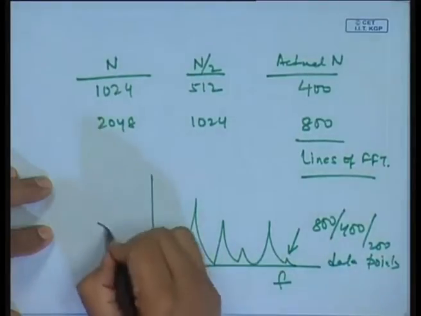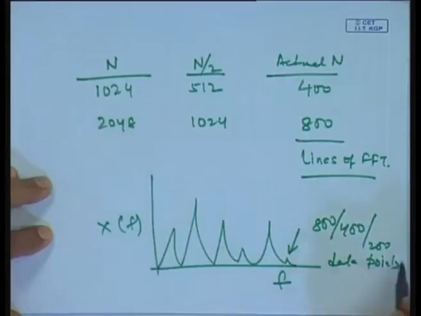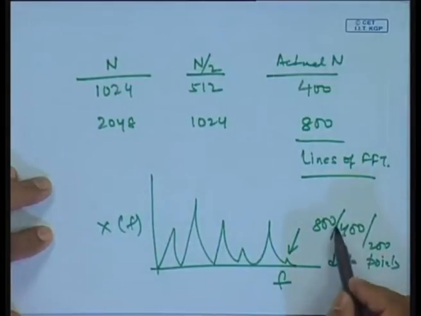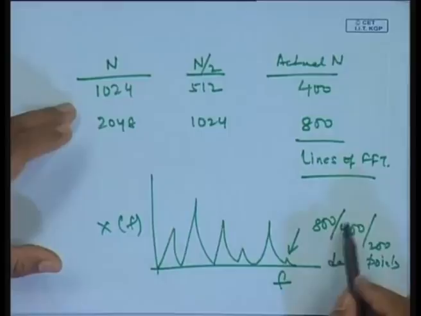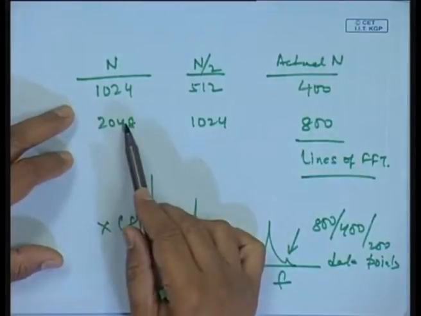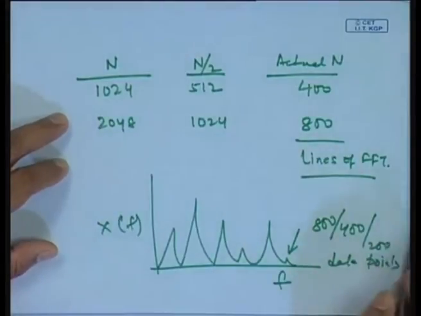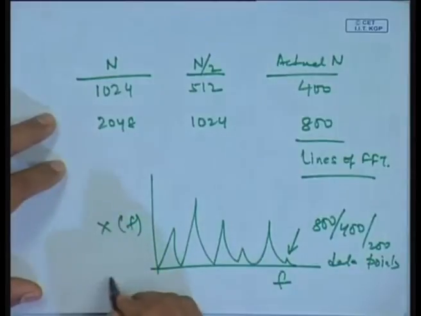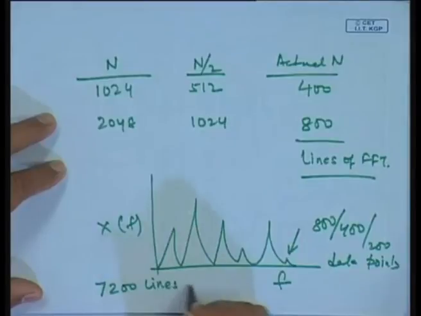So, the number of lines is an indirect way of telling how much data I would have taken in my n. If it is 800, I would have taken 2048. Nowadays there are analyzers wherein we can have up to 7200 lines of FFT.